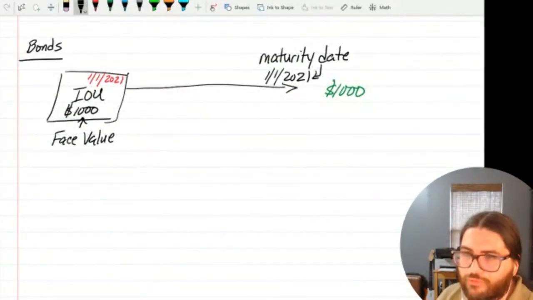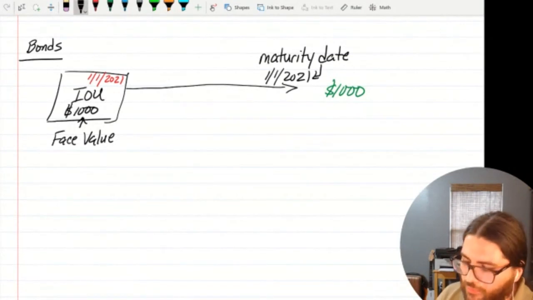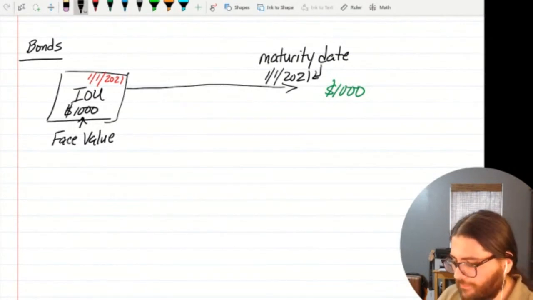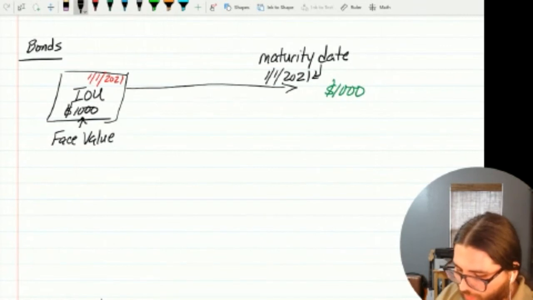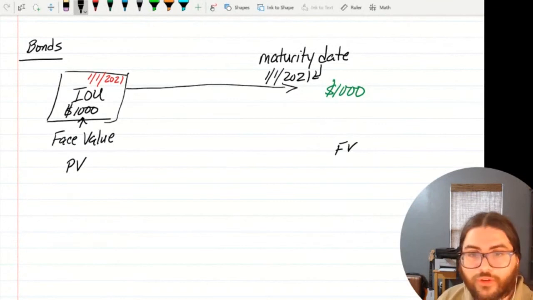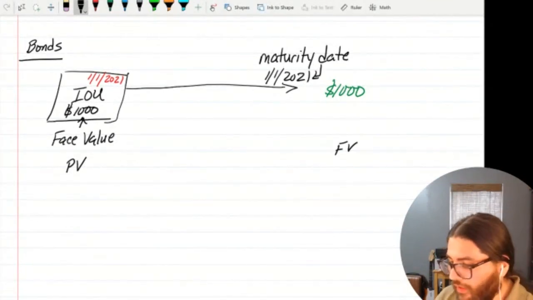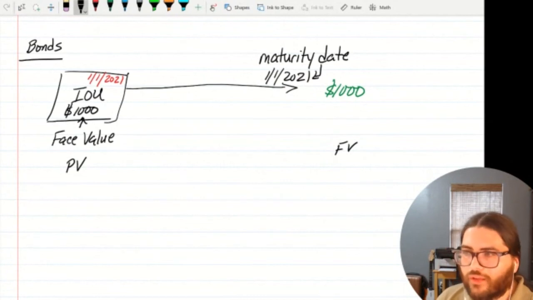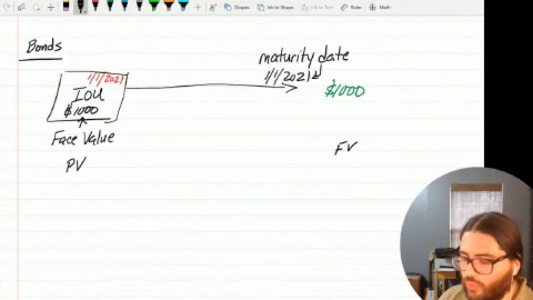If you get to the maturity date, you can cash in for that much money. And so in many ways, we've got present value here and future value here, just like we did for simple interest. This is a very simple bond, which doesn't have any payments in between.